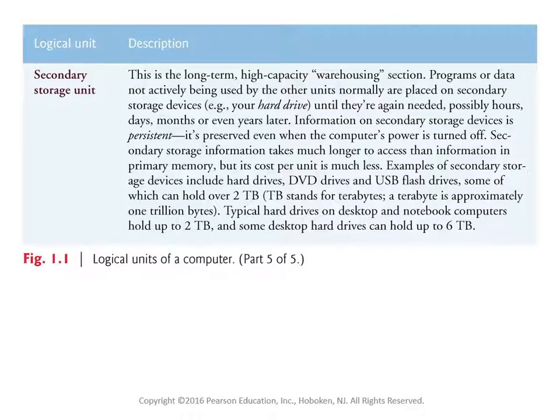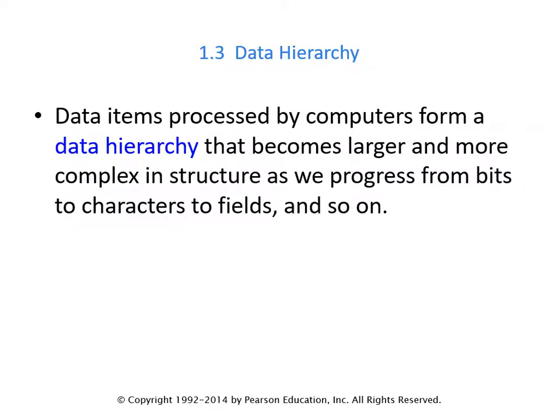When this slide was written last year or 2015, 2 terabytes were the largest hard drives. Now we're talking 10 terabytes a year or 2 later. Right down here he says some hard drive desktops can hold up to 6. Now I'm saying I've seen 10. The next slide is stated copyright 2014, so these slides are mixed around.